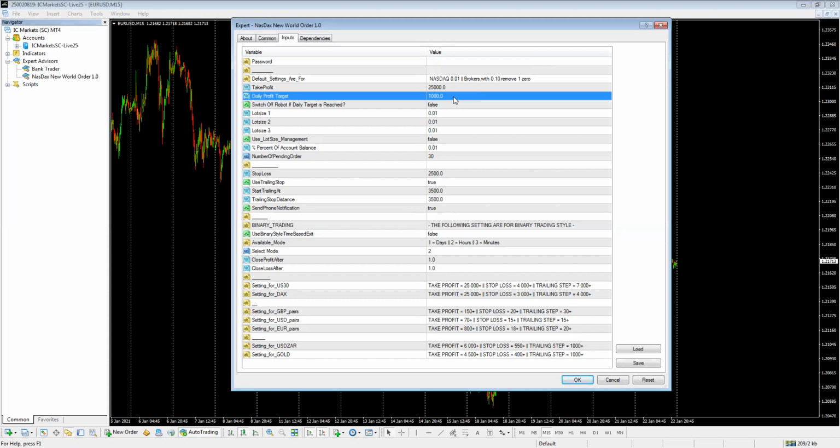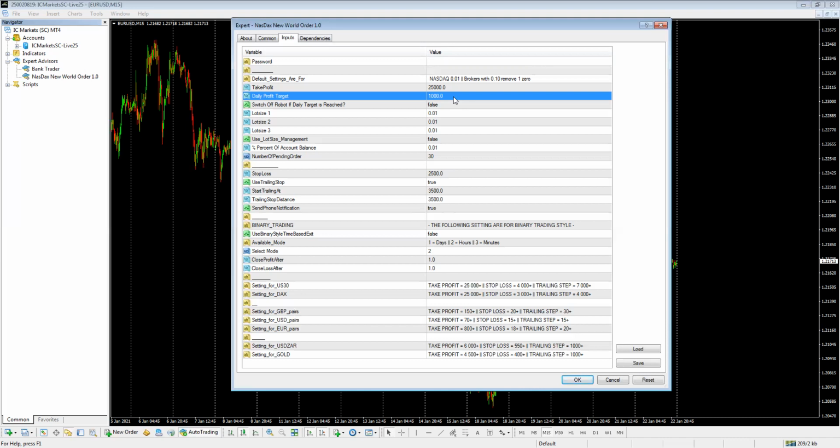This way you don't set high amounts. Let's say you have your daily target for currencies set at 1,000, but you are using 0.01, and at the end of the day, you close with $80.